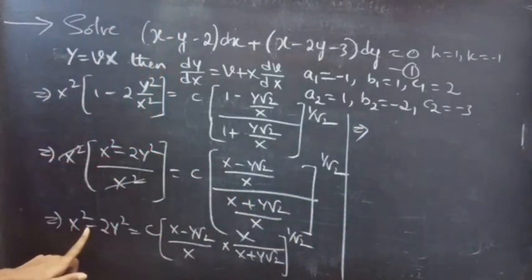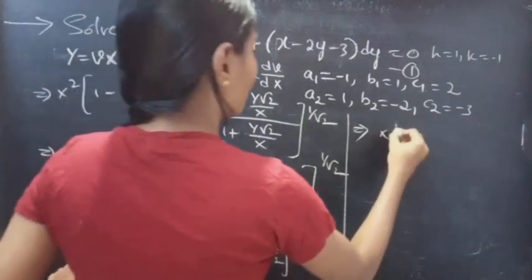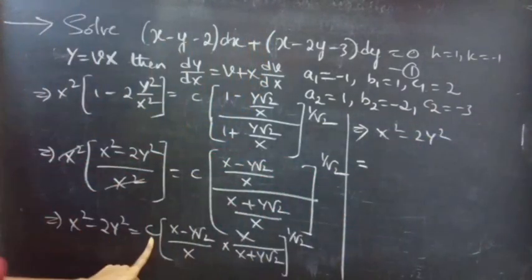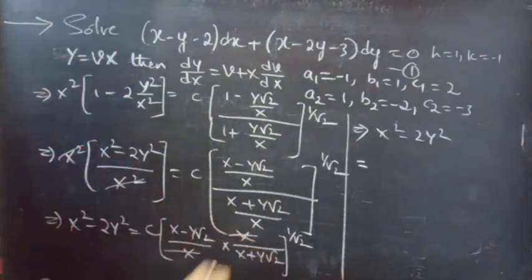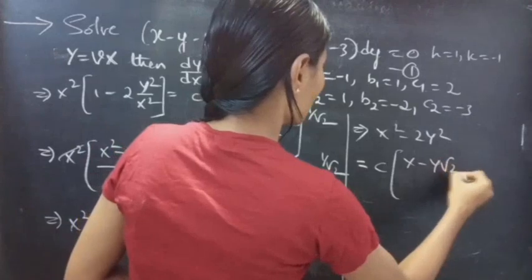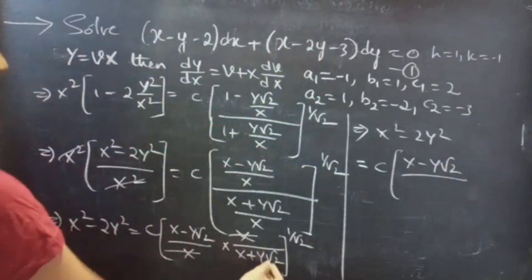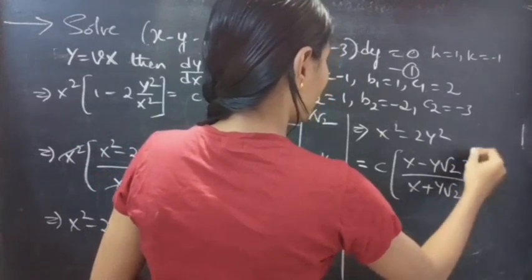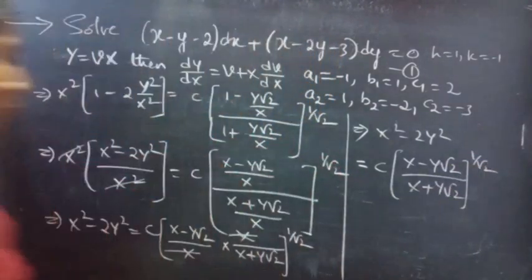Then x square minus 2y square equals c times, here x gets cancelled and you'll get c times (x minus y root 2)/(x plus y root 2) for 1 by root 2.